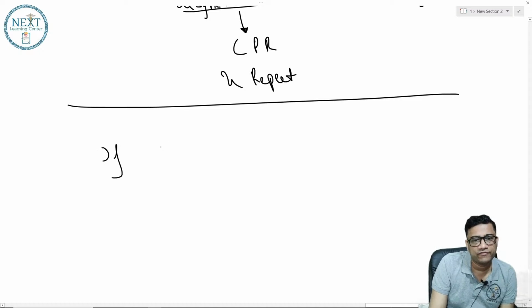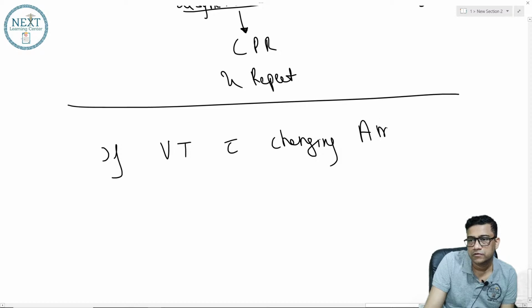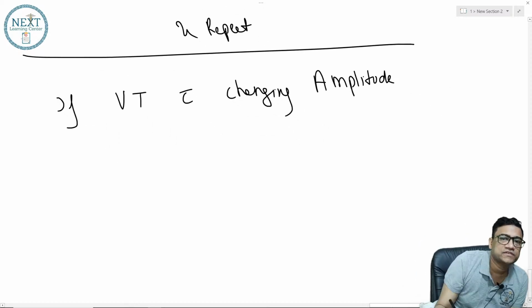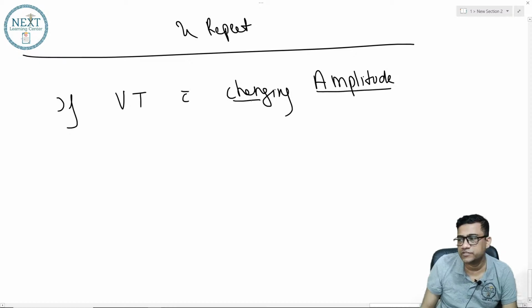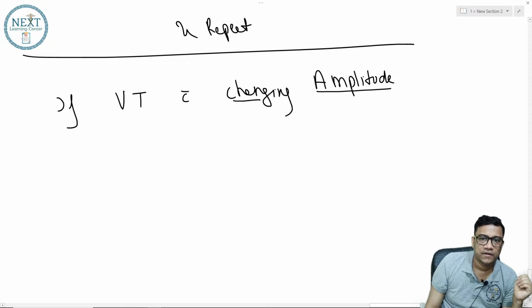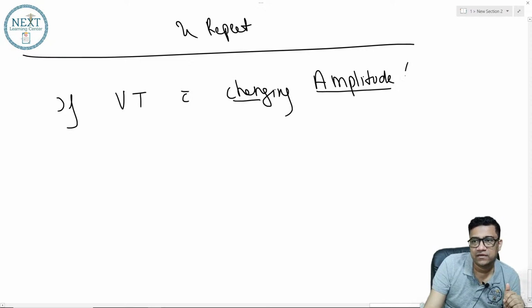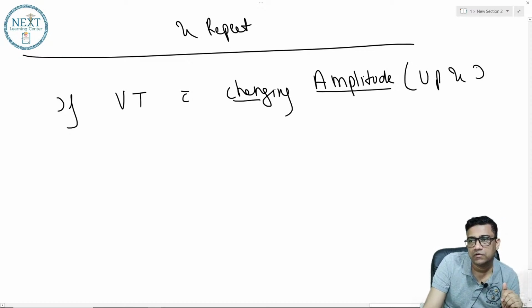If VT with changing amplitude, like up and down, like this.